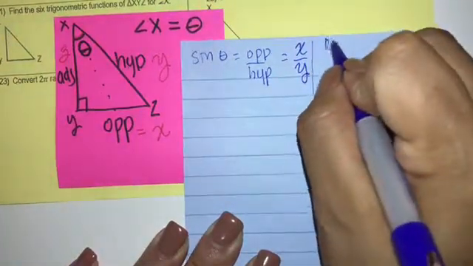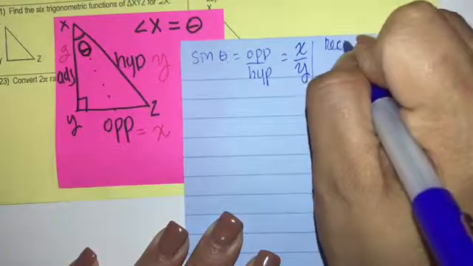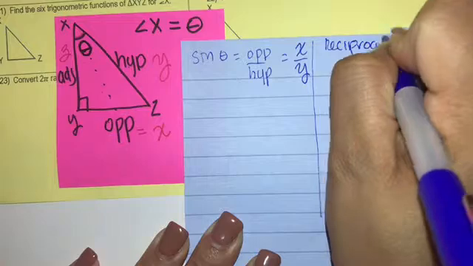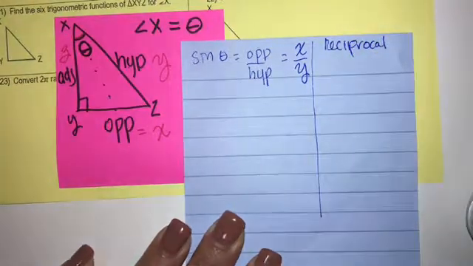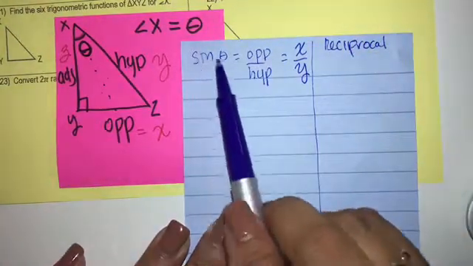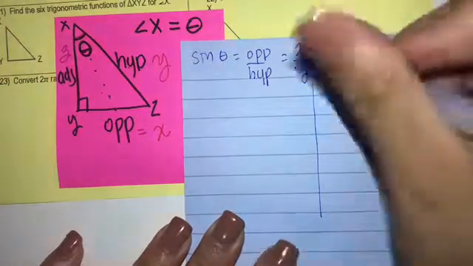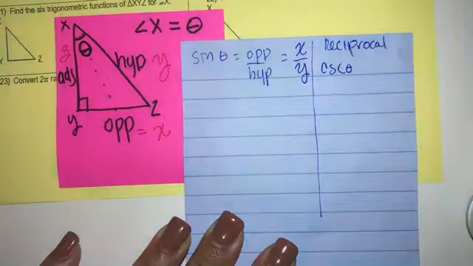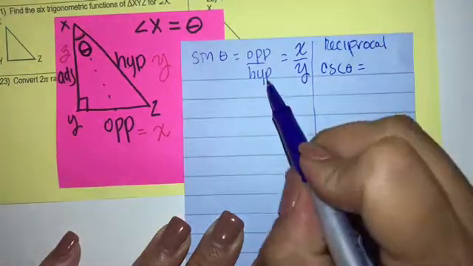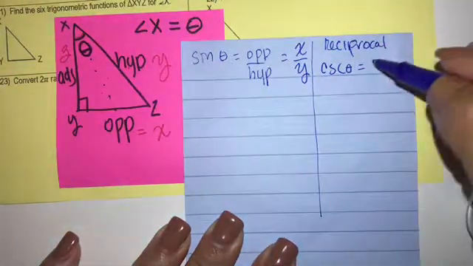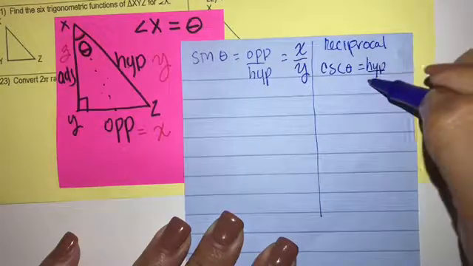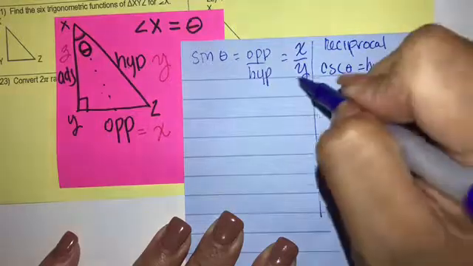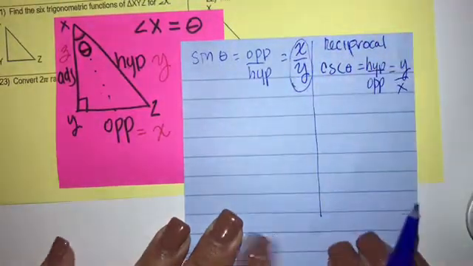And then let's talk about the reciprocal trigonometric functions. So the reciprocal of sine theta is going to be cosecant theta. So that's going to be hypotenuse over opposite, which is equivalent to y over x. So it's the opposite of that.